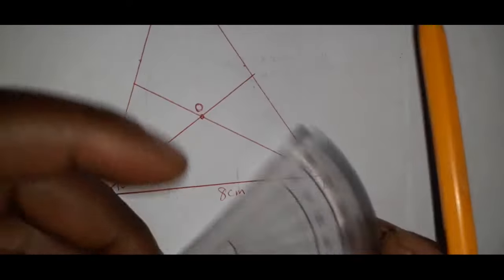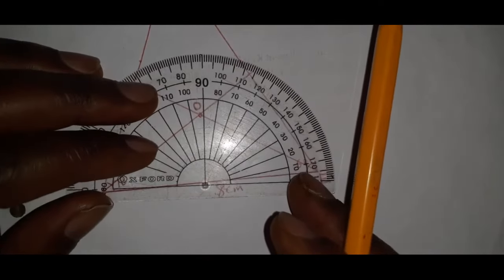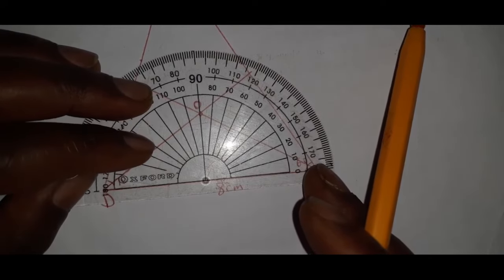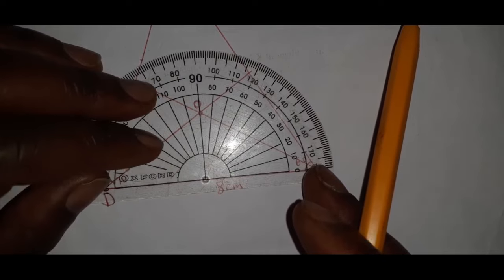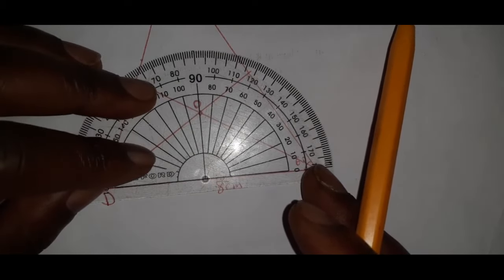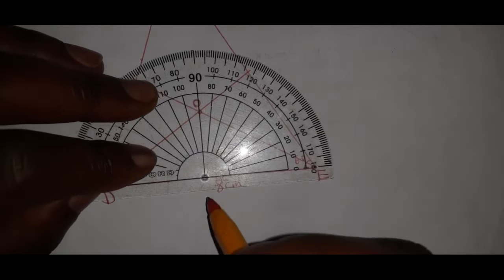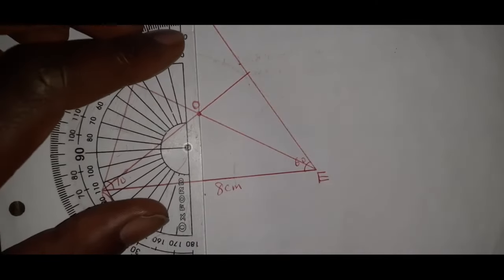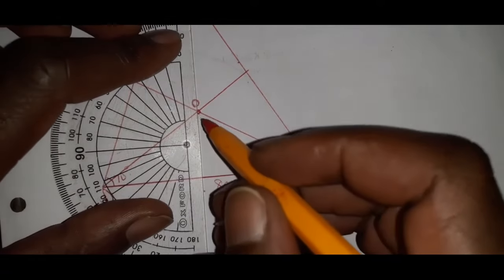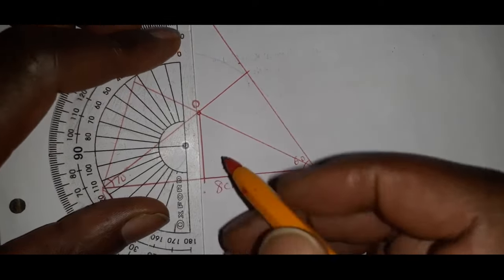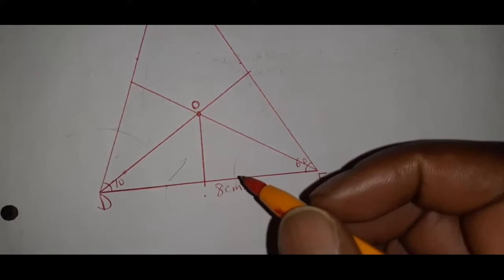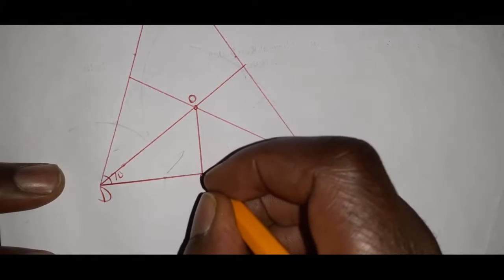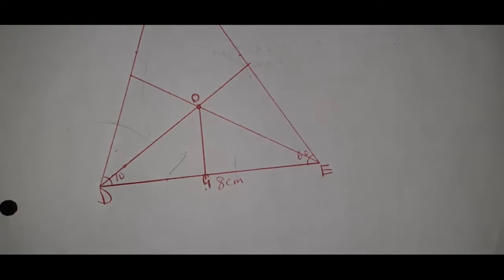For me, I'll just put my 90 degrees here and make sure that this is perpendicular now. So I'll put this dot here. So then I'm going to draw this. Then we are told that this point must be called what? G. This point should be called G.